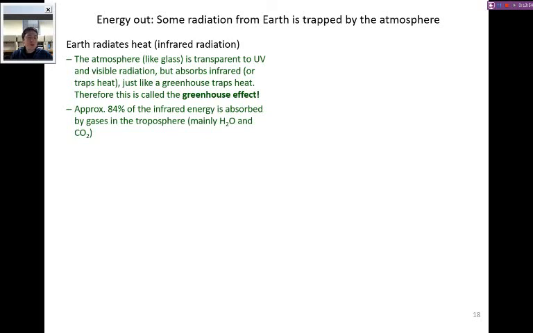About 84% of the energy is absorbed by gases in our troposphere, which is mainly due to the water and due to carbon dioxide. This is part of why carbon dioxide is such a big deal, and monitoring the carbon dioxide levels has been done over the past few decades to be able to model what effect that will have upon the temperature of the Earth.